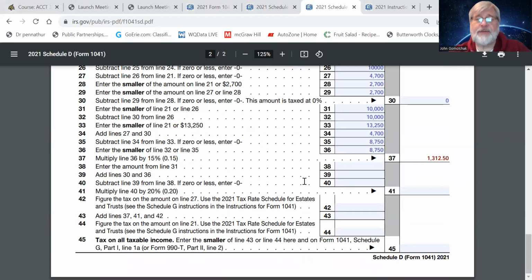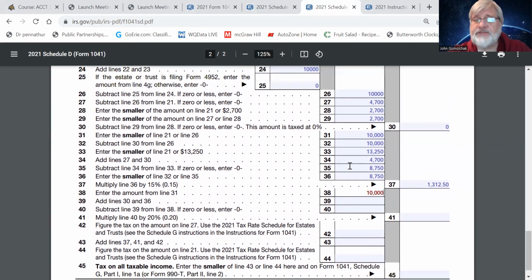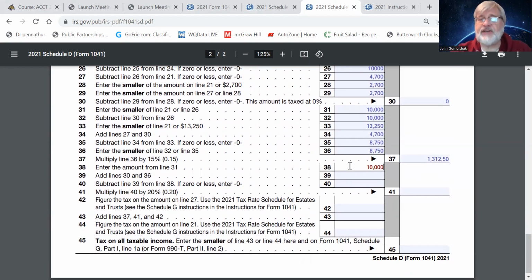Line 38, enter the amount from line 31. All right, 31 is 10,000. Line 39, add lines 30 and 36. 30 is 0. 36 is 8,750. So it's going to be 8,750. Line 40, subtract 39 from 38.